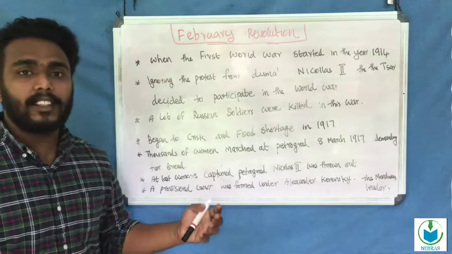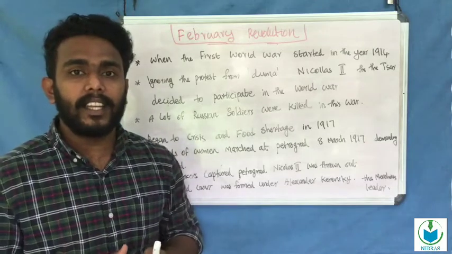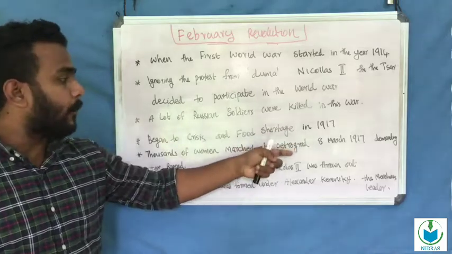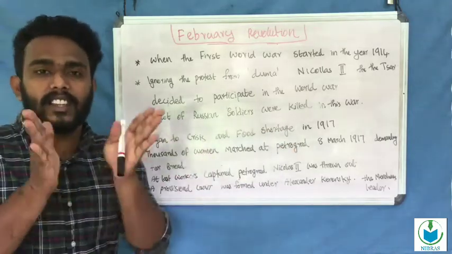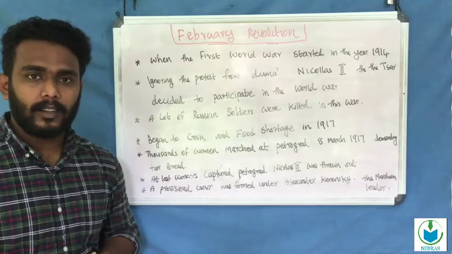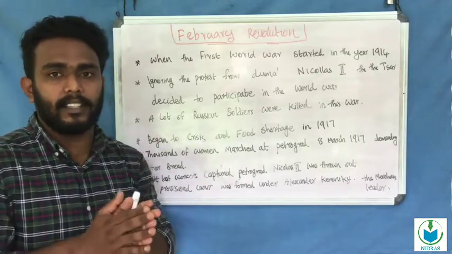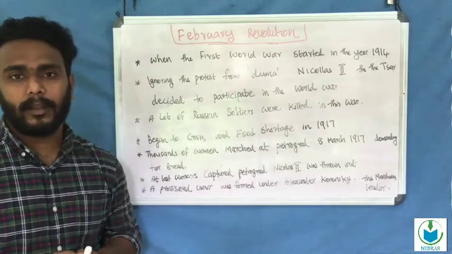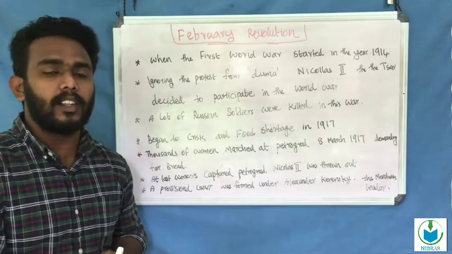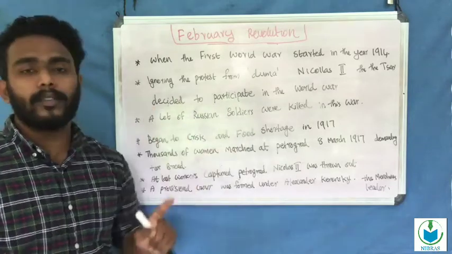The workers' union, that is the Soviets, and the soldiers also supported this agitation against the rulers. The soldiers also participated in the march because a lot of soldiers were lost in the First World War.